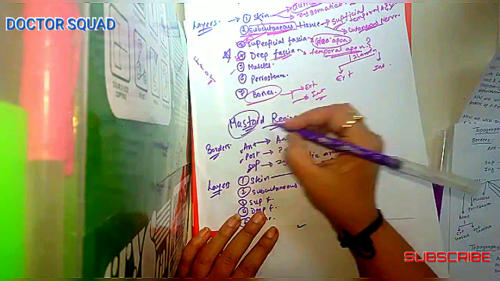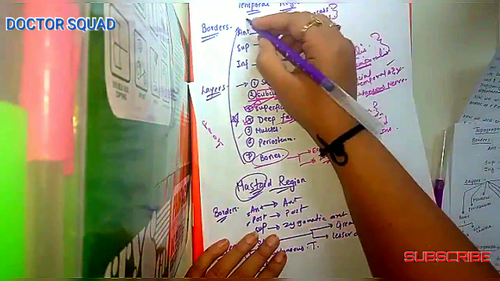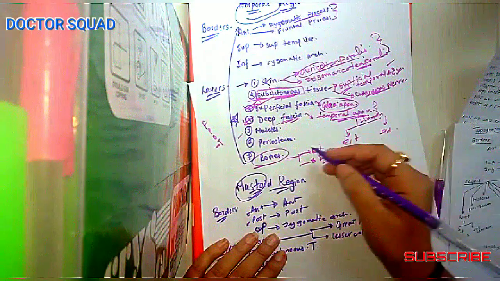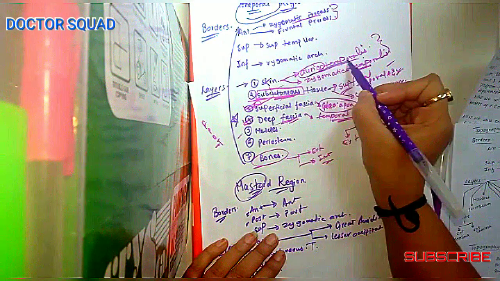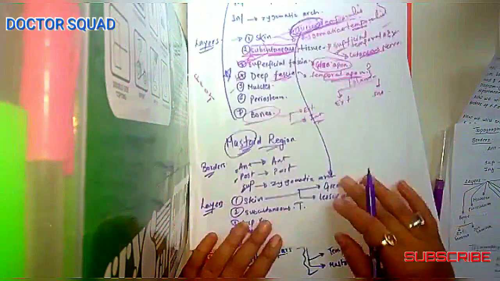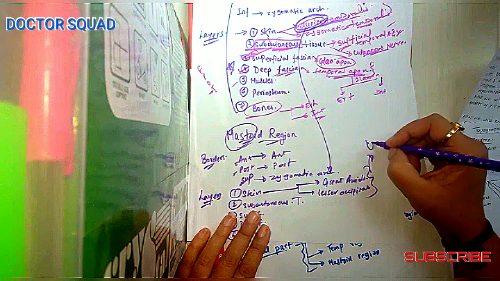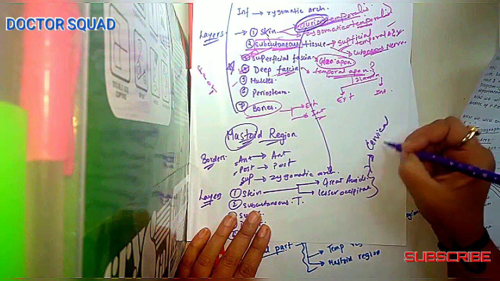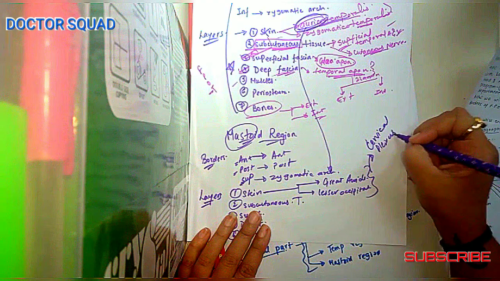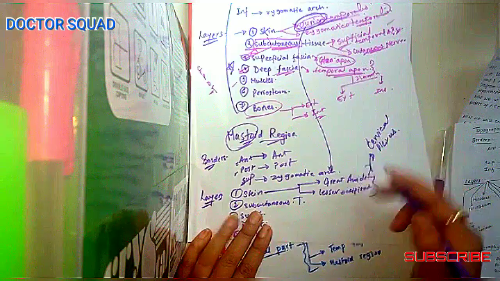First thing, mastoid region. It's a part of the temporal bone. Temporal bone contains, like, auriculotemporal, and great auricular, right? But both of these are a part of the cervical plexus. Just remember this, they both are part of the cervical plexus.